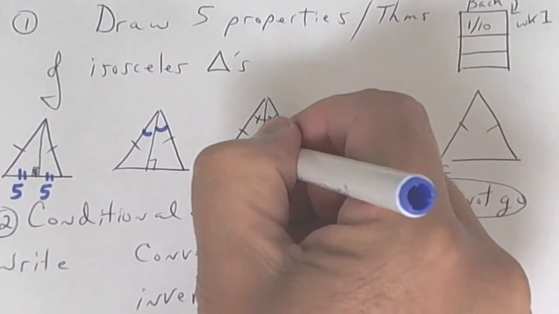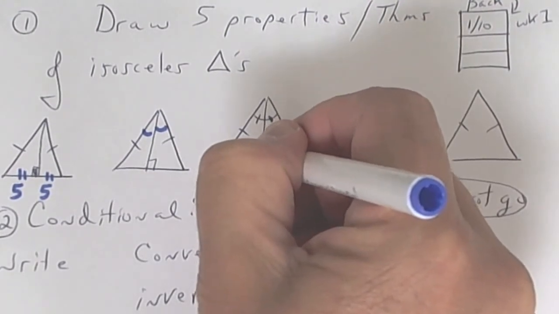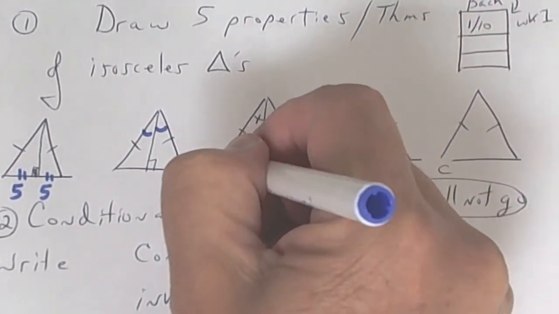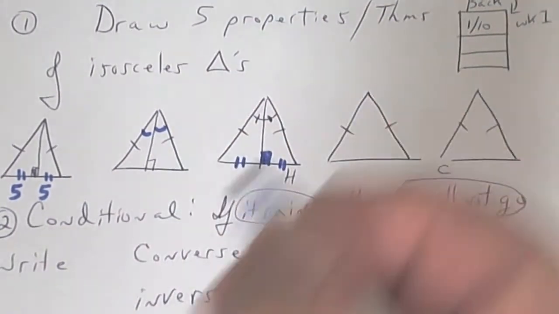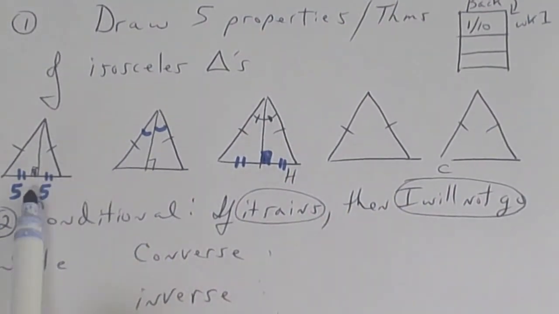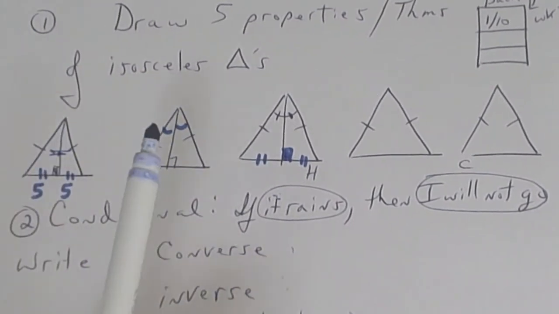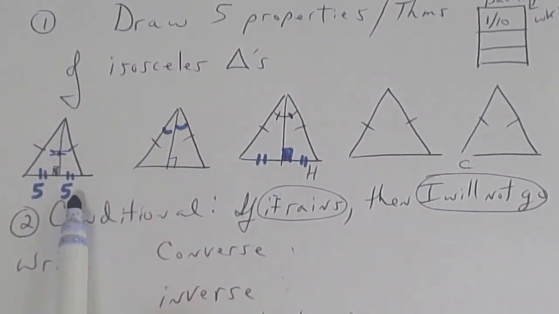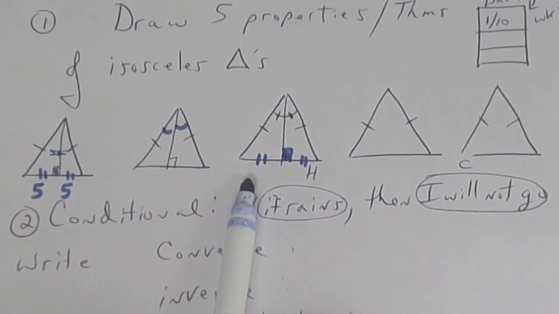It makes an altitude, or perpendicular, and it makes the base equal. Okay? So the difference between these two is you're not splitting the vertex angle. Yesterday I had it marked only because I was trying to show you what the vertex angle is. So there is a difference between 1 and 3, just so you know.